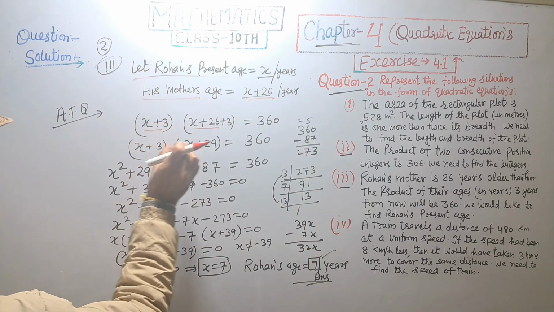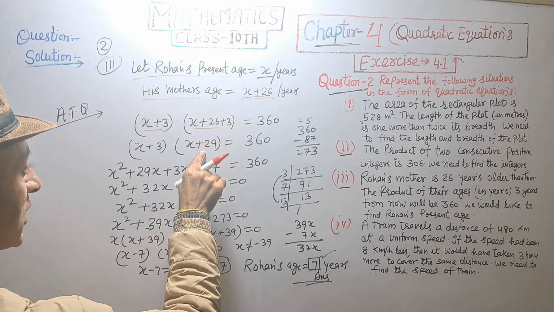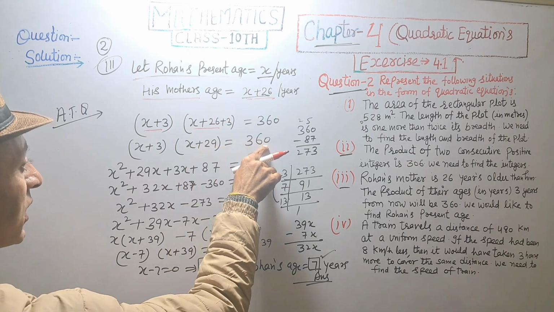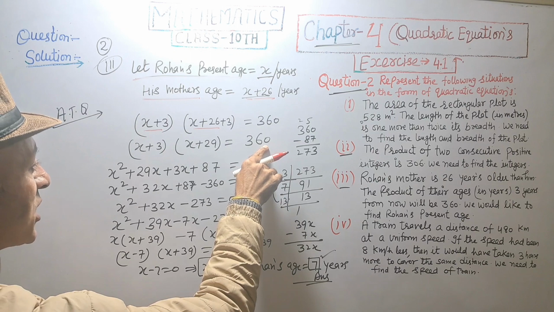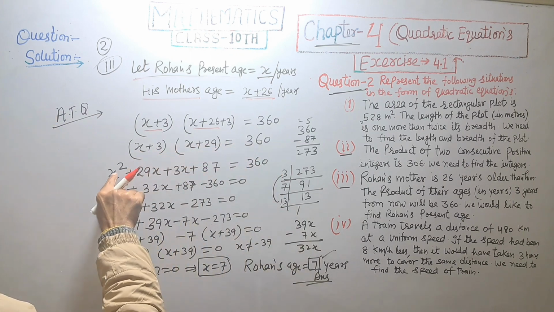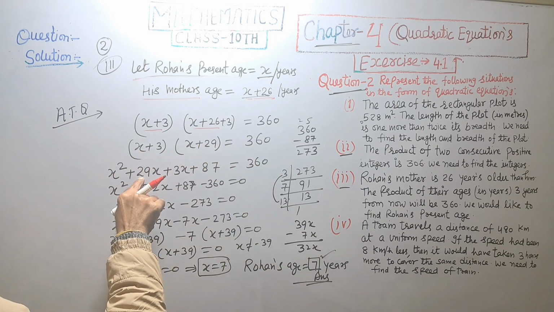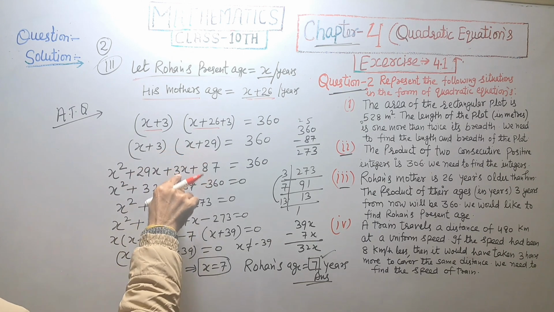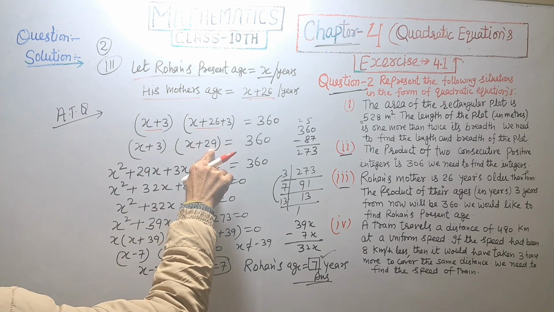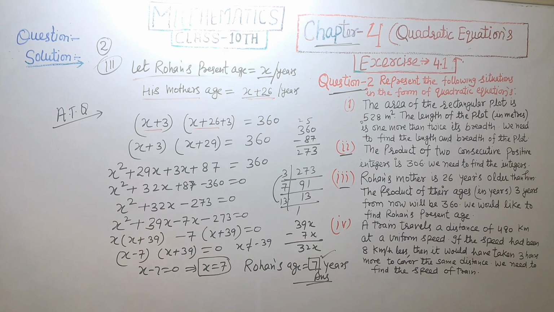So (x plus 3) into (x plus 29) is 360. x into x is x squared, x into 29 is 29x, 3 multiplied by x is 3x, and 3 multiplied by 29 is 87.